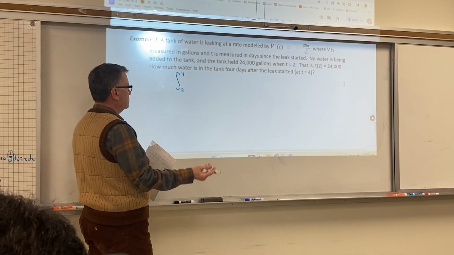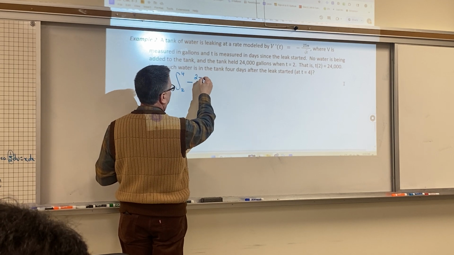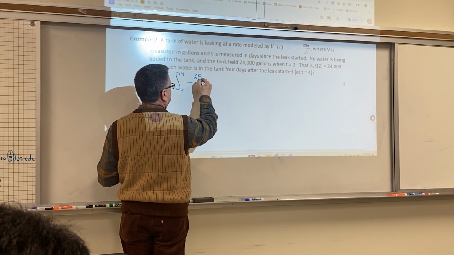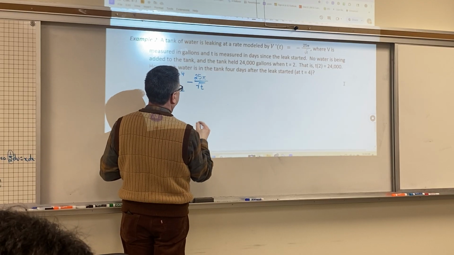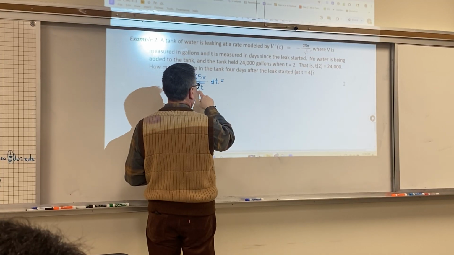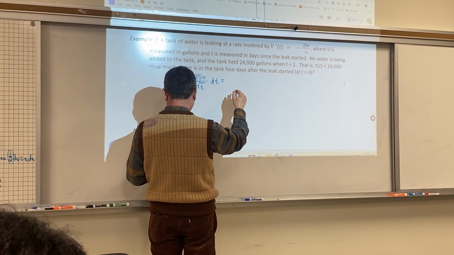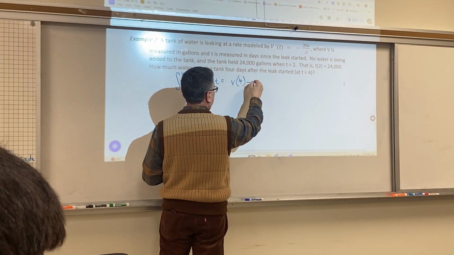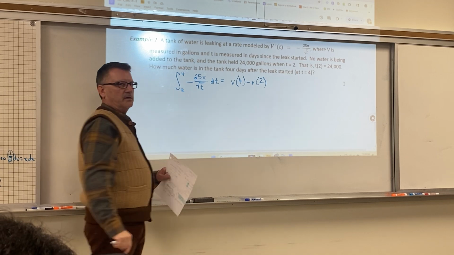The integral, the change is going to be from 2 to 4 of this thing, negative 25 pi over the square root of t dt, will equal, okay, so this is obviously the derivative, so I'll get V of 4 minus V of 2. In this case I'm doing 4 minus 2. I'm always doing top minus bottom, unless you made it negative.